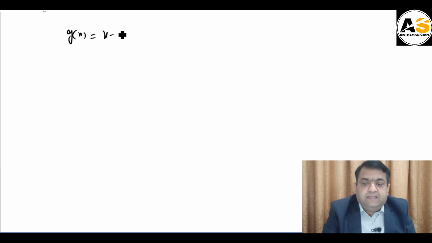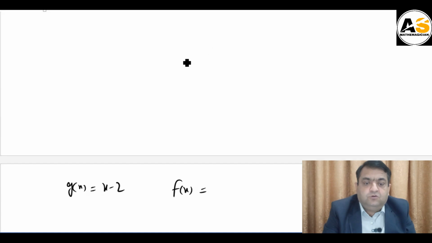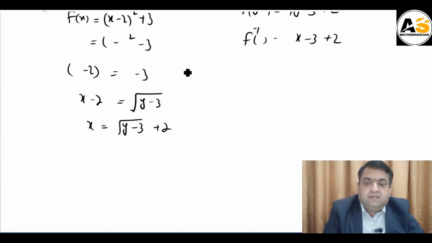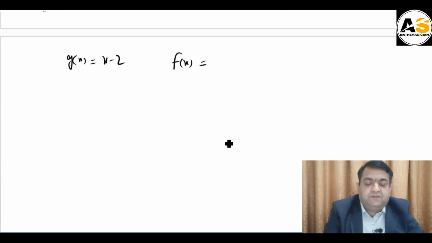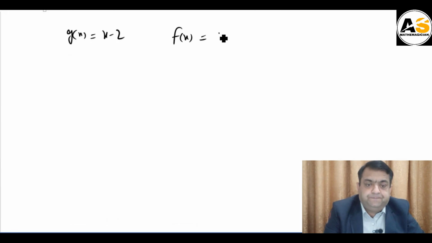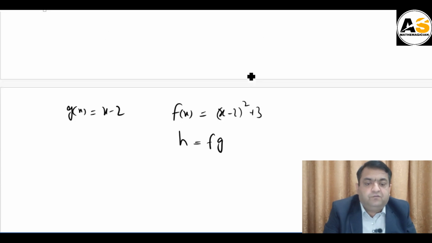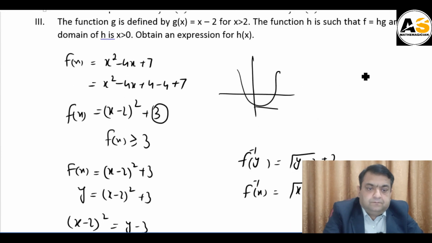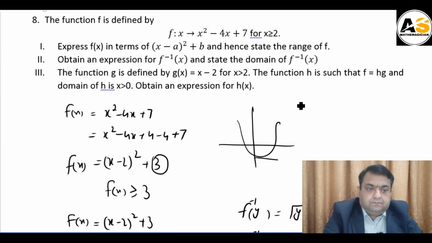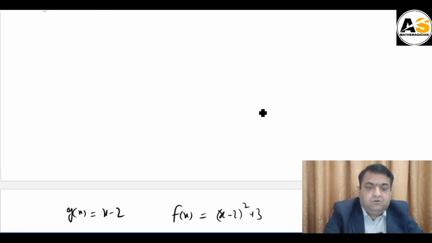g of x is equal to x - 2, f of x was (x - 2)² + 3, and f is equal to hg.